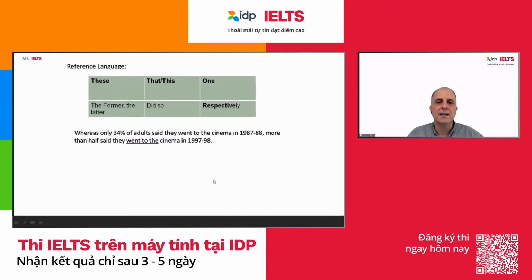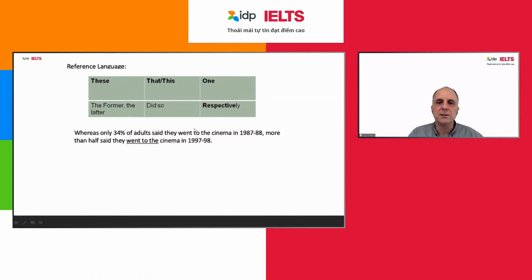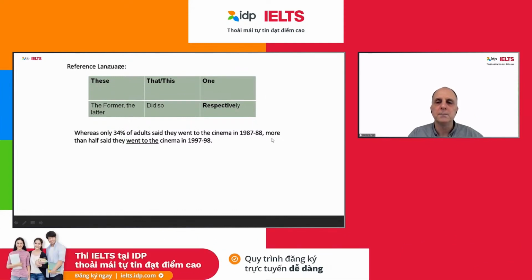Okay, and reference language as well. Okay, so we got to think about these. These come up quite a lot. And instead of repetition, we can use reference language. So what do we have for the first one? Which one of these do we have?